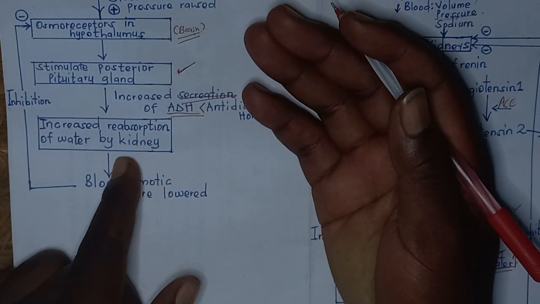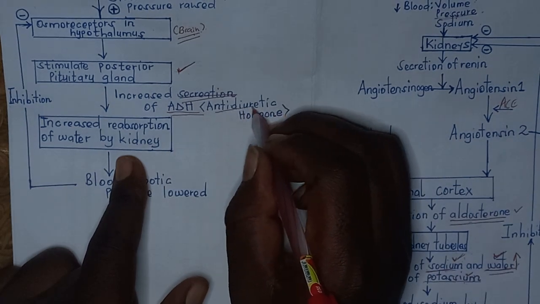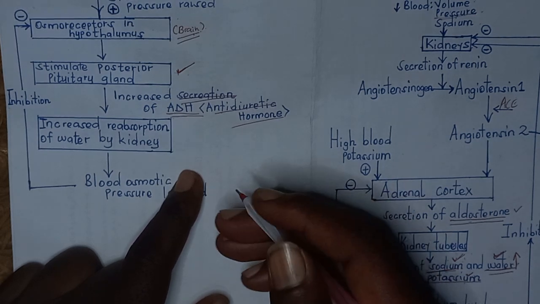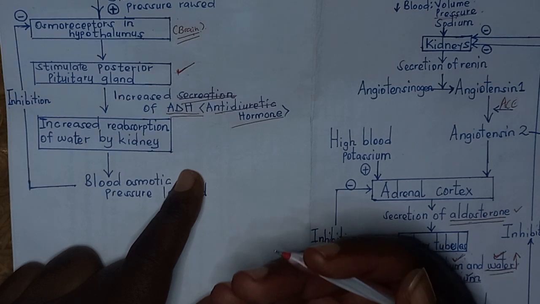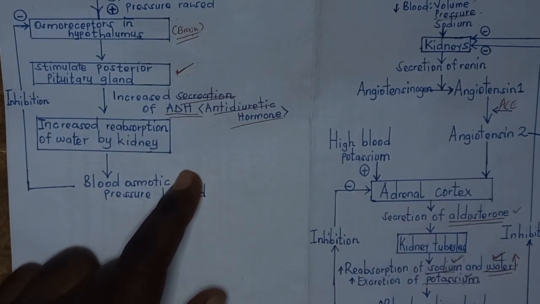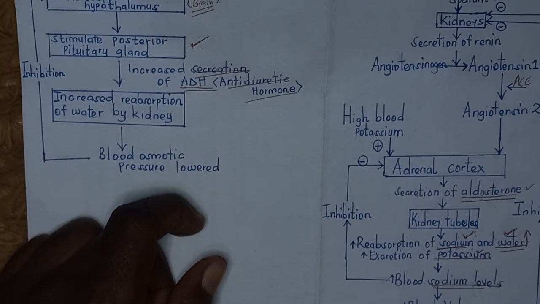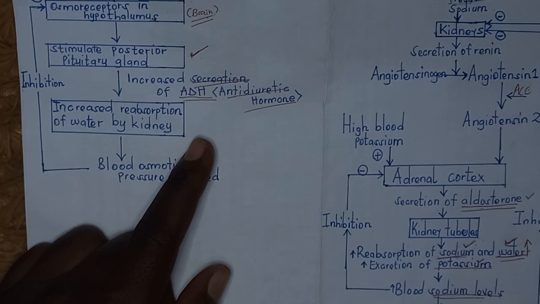So here there is increased reabsorption of water by the kidney. When this ADH gets into the loop of Henle, it brings about permeability. Permeability allows the reabsorption of water. By doing that, the concentration of water in the urine will be less.